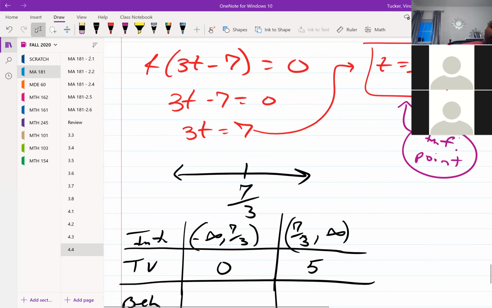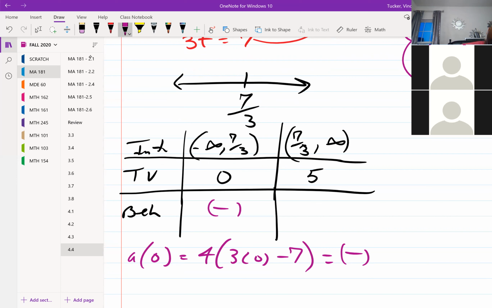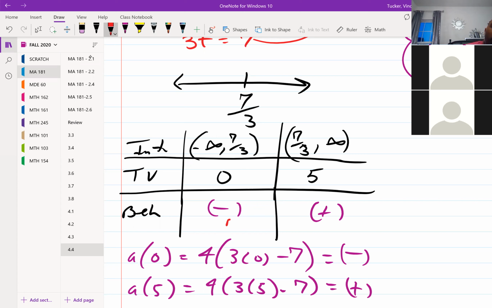Plug that in. That's going to be negative. It's going to be positive. This concaves up, down.